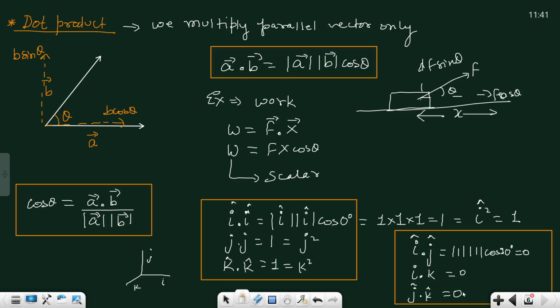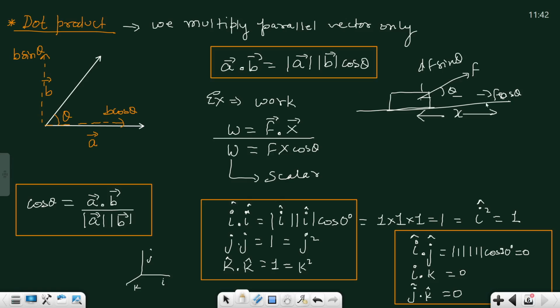Can you explain the work example again? When you calculate the work, you will learn this formula in the chapter on the work energy theorem. But you may have studied earlier that work is equal to force into displacement. If not, no problem.